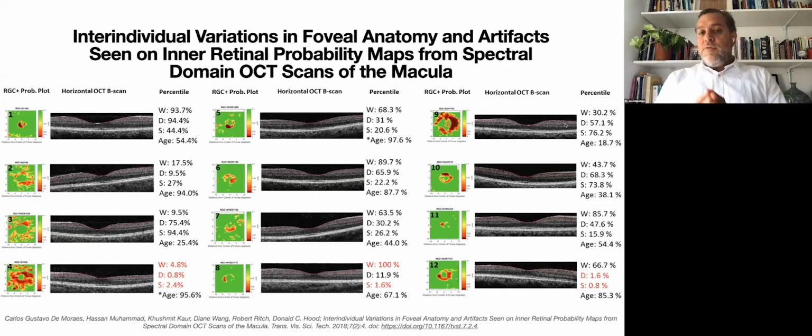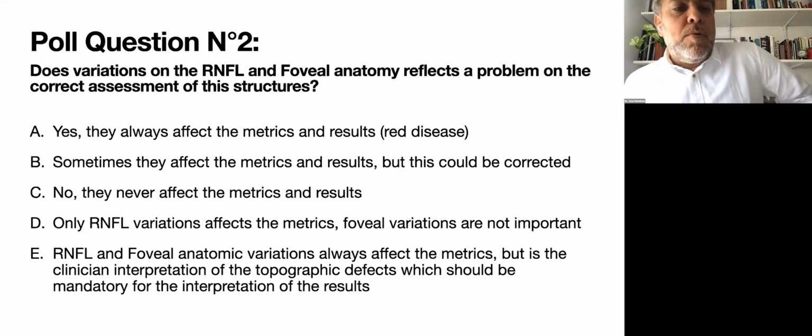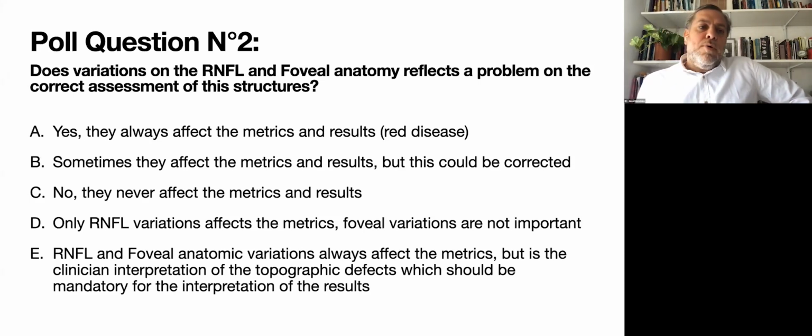So not always are the defects shown on the OCT of the RNFL thickness real, and not always are the defects you see on the macula real. What we have to see is accordance between all these types of exams to have a good interpretation of the results. So we are now coming to our poll question number 2.